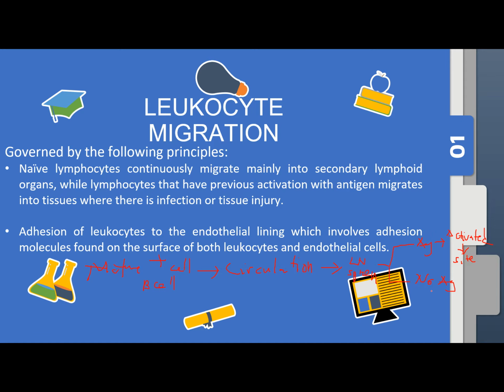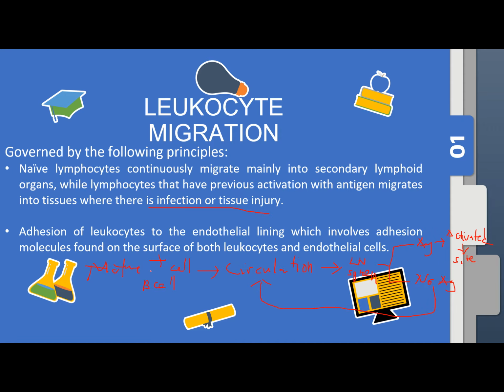What happens is that the secondary lymphocytes will go out of the spleen, out of the lymph nodes, and return back into the circulation. So let me repeat, class. Naive lymphocytes would continuously migrate mainly into the secondary lymphoid organs, while lymphocytes that have previously been activated with antigen would migrate into tissues where there is infection or tissue injury.